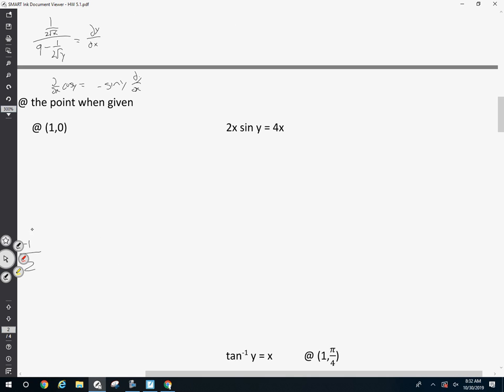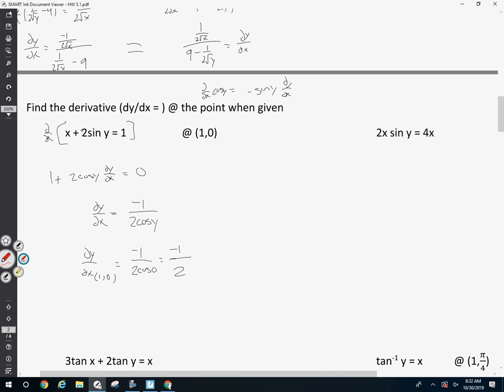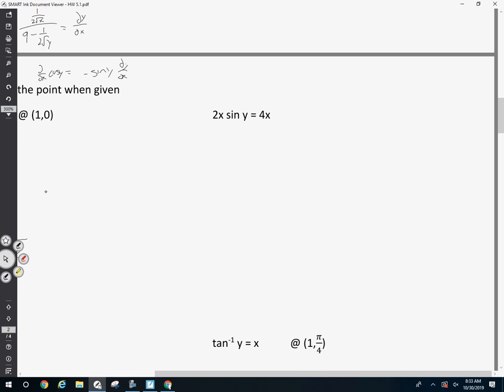2x sine y equals 4x. It's not just a constant. Okay, this is a good one. I'm glad I have this constant here. I have a constant. Product rule not needed, because it's just a constant. But if it's x, product rule needed. A lot of students mess up with that, but hopefully we've done enough so that we understand not to forget about constants.